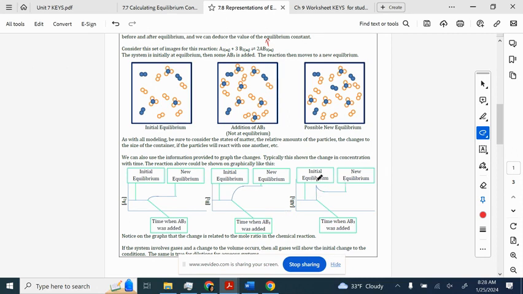Right. We added this stuff in. We just dumped a whole bunch of this in there, so it went up really fast. Why is it going down instead of going up like these other two? Right, we're using some of that up to form these other things to get to equilibrium.